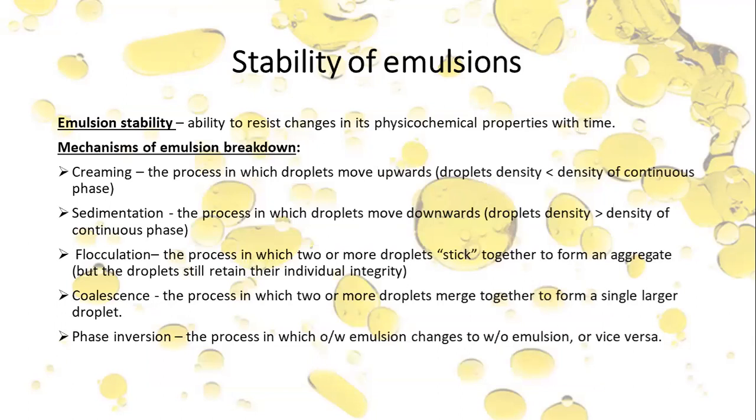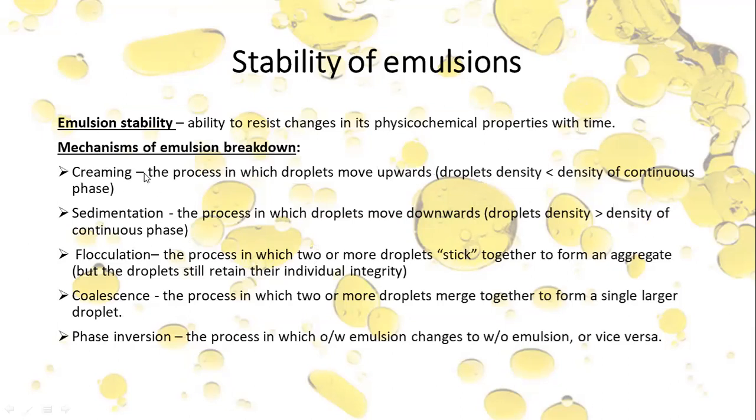So creaming is a process in which droplets move upwards when droplet density is lower than the density of the continuous phase. That means upward creaming. Sedimentation is also called downward creaming, in which droplets move downward, where droplet density is greater than the density of the continuous phase.